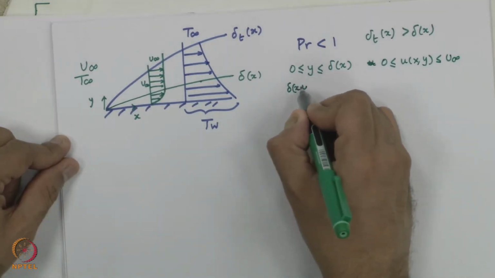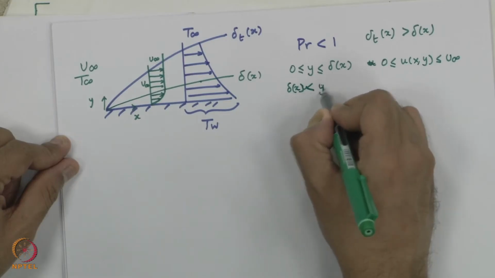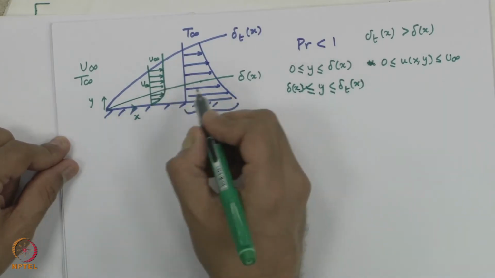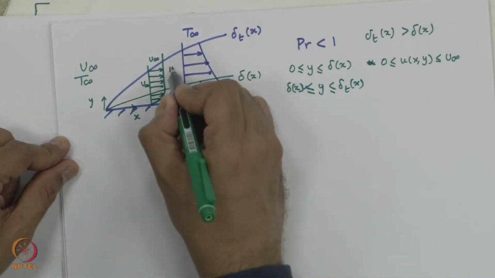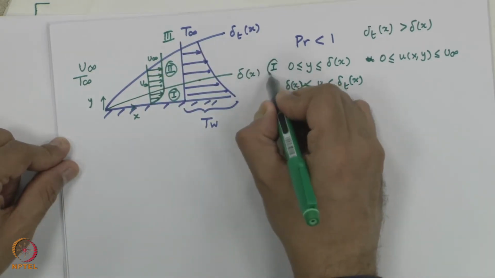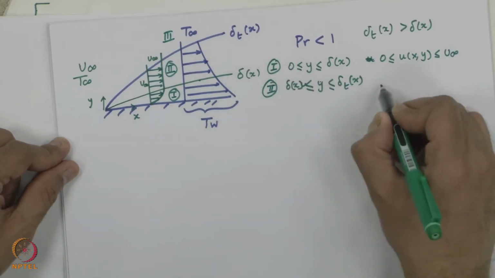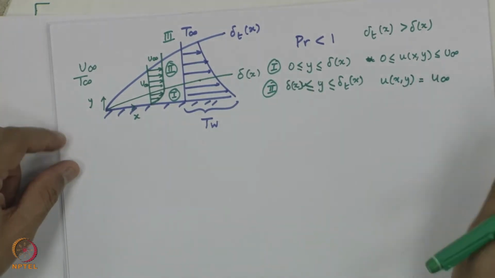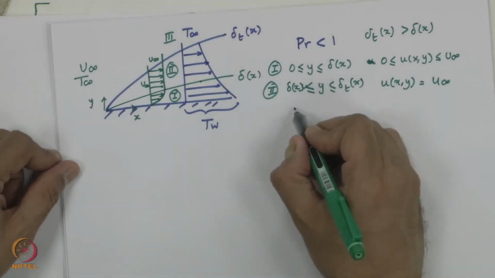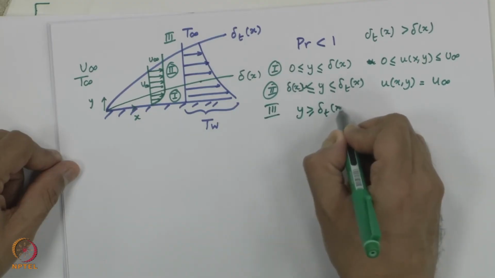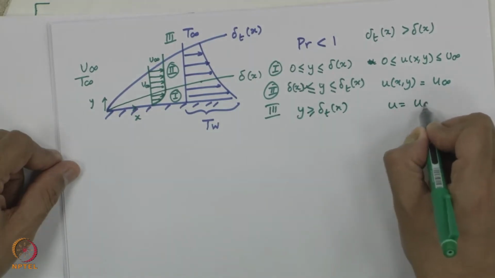Delta of x less than y less than delta t of x, in this portion, region 1, region 2, region 3 if I call. This is region 1, this is region 2, u of x comma y is equal to u infinity. Region 3, y greater than delta t, u is equal to u infinity.